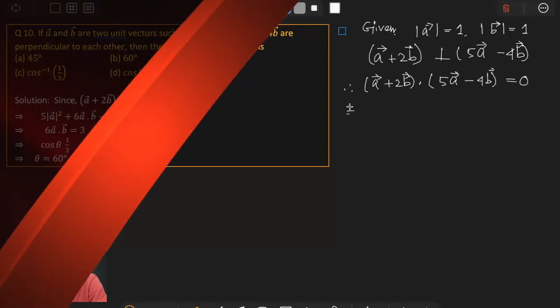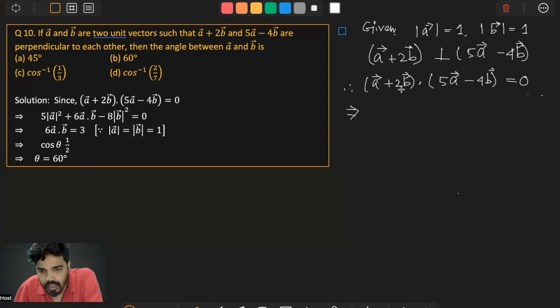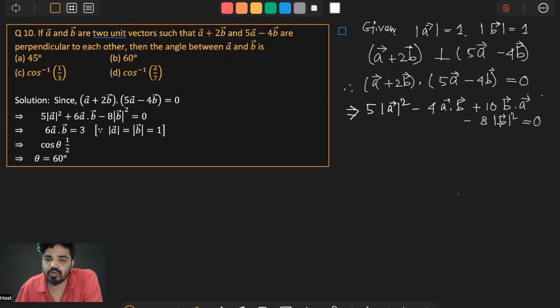So this implies 5 A dot A, that is 5 modulus A square, minus 4 A dot B plus 10 B dot A minus 8 B dot B, that means modulus B square, is equal to 0.